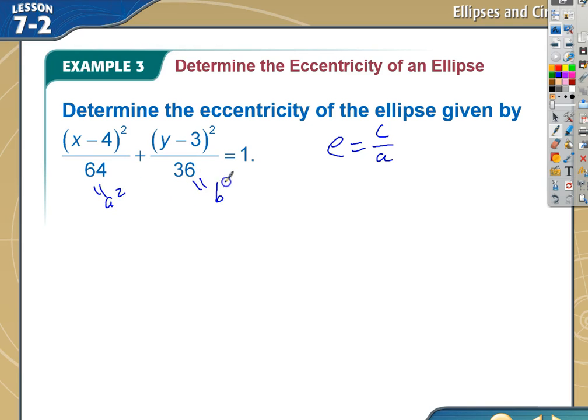This one here is B squared. So A is easy. A is 8. I don't care about what B is, but I do need to find C. And remember, that's the relationship that C squared is equal to A squared minus B squared. C squared is equal to 64 minus 36.